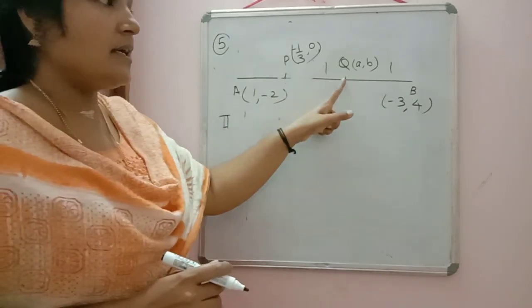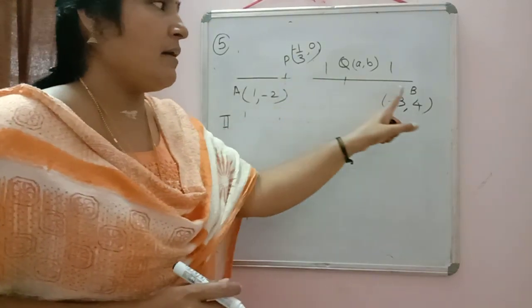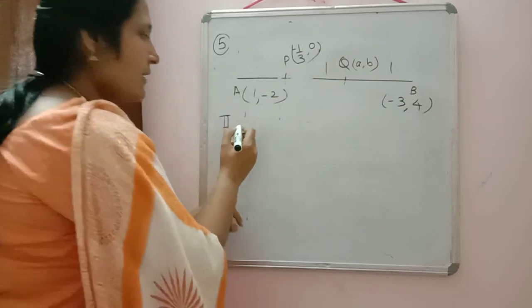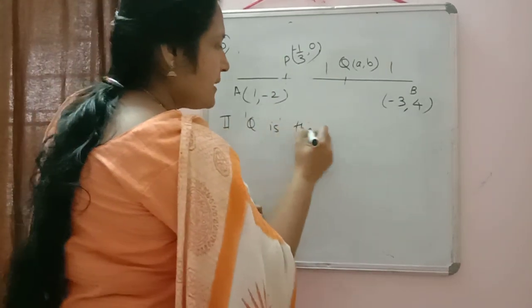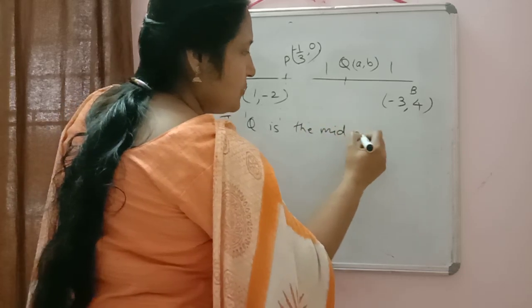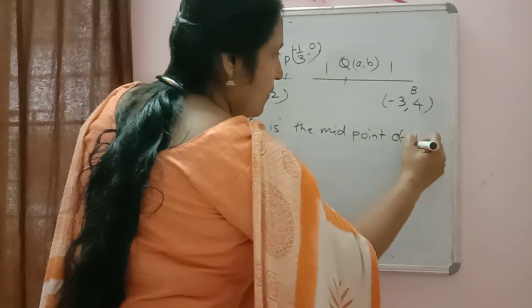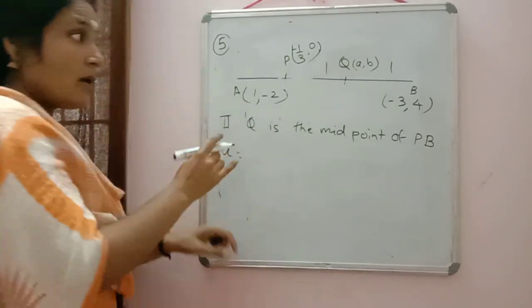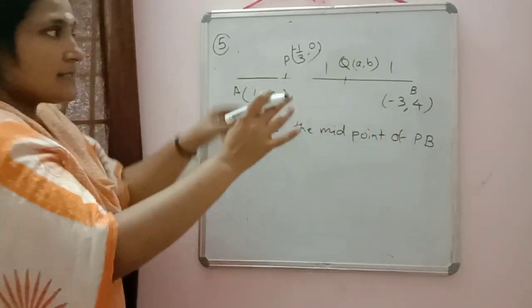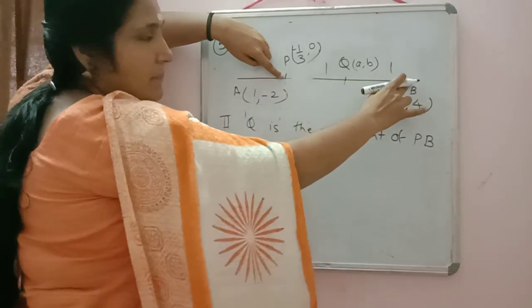What does it mean? Q is the midpoint of PB. So to calculate the x coordinate and y coordinate, we can use the concept x1 plus x2 divided by 2, y1 plus y2 divided by 2. Q is not the midpoint of AB. Q is the midpoint of PB here.